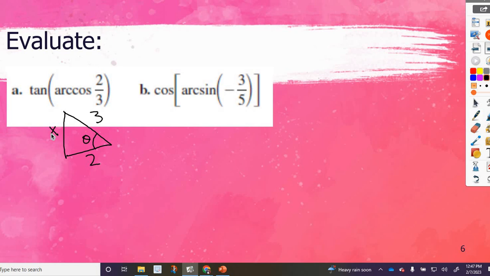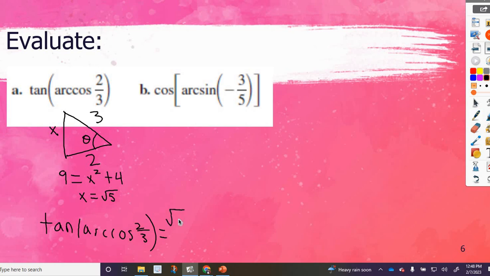The Pythagorean theorem. So we would have 3 squared equals x squared plus 4. Agreed? So x equals the square root of 5. So now we know that tangent of cosine inverse of 2/3 equals, like I said, opposite over adjacent, so it's going to be square root of 5 over 2.